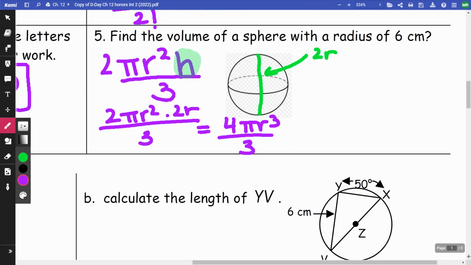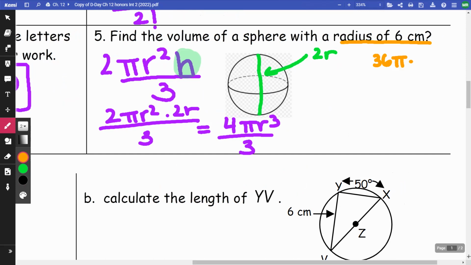So you could use any of these formulas to figure this out, whichever one you can personally remember. Okay, so for this, if my radius is 6, let's say I was thinking of it as the cylinder situation. My area of my circle would be 36 pi, times my height.